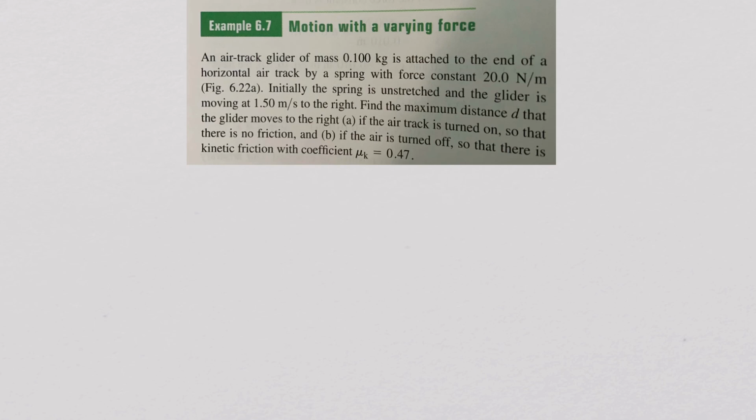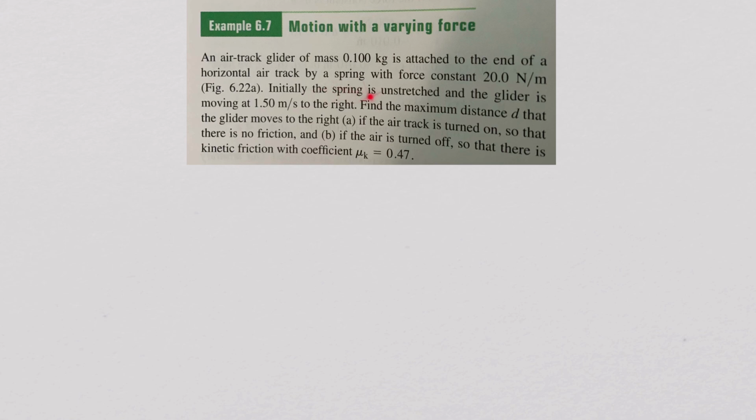Now I want to do one more example, and that is an example of motion with a varying force. An air track glider with a mass of 0.1 kilograms is attached to the end of a horizontal air track by a spring with a force constant, or spring constant, of 20 newtons per meter.